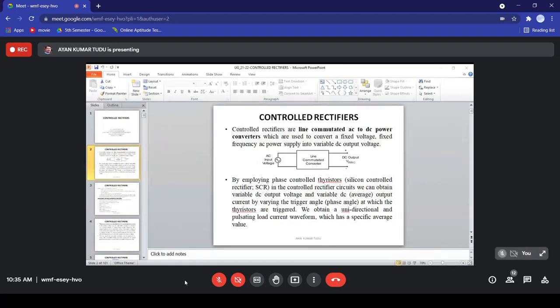So basically, we'll be providing a gating signal to the phase control thyristor, and depending upon at what angle we provide it, we are triggering the thyristor, and the output will be a pulsating load current waveform. It would be a unidirectional and pulsating load current waveform which has a specific average value.